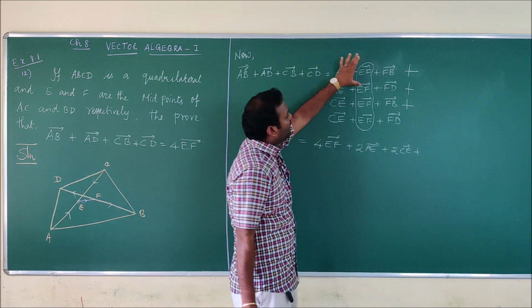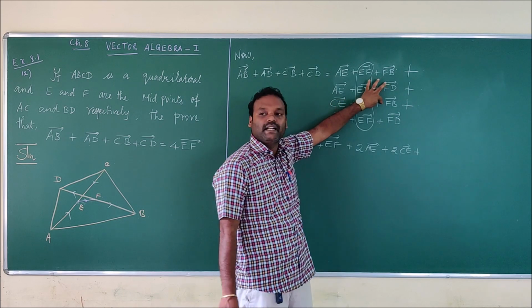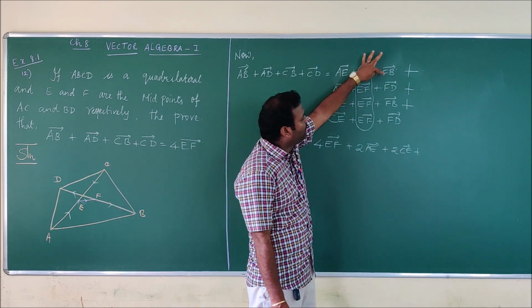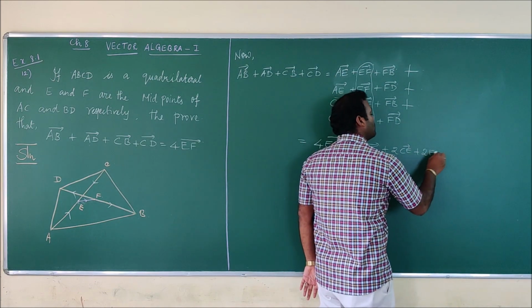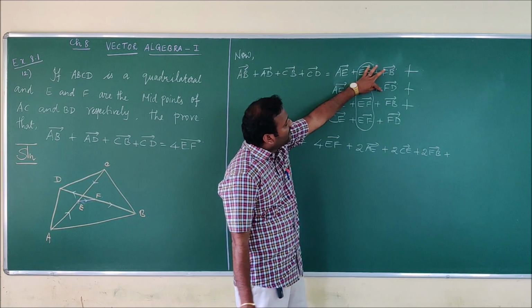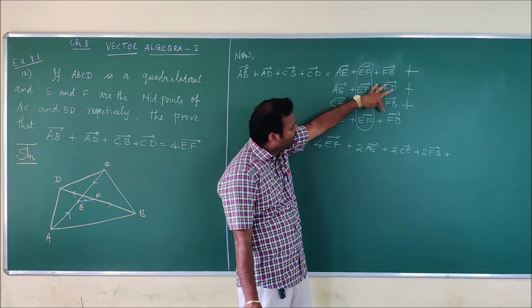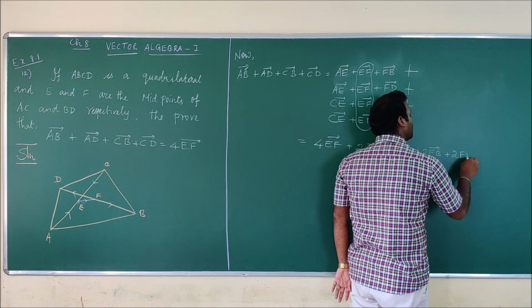FB vector plus FB vector is 2 times FB vector. In the same way, FD vector plus FD vector gives 2 FD vector.